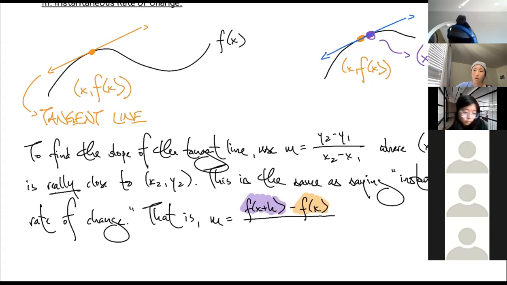And I have to put this over the x value of the second point minus the x value of the first point. So first point, second point.